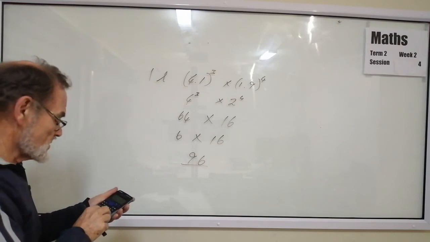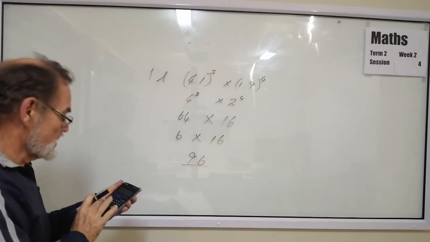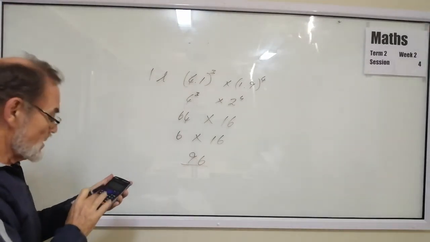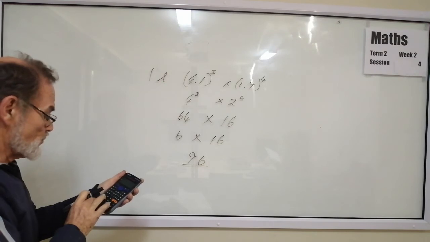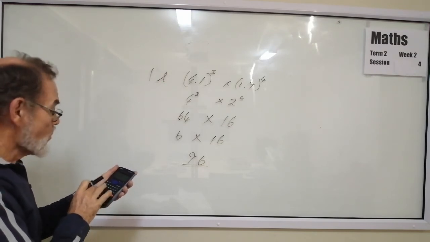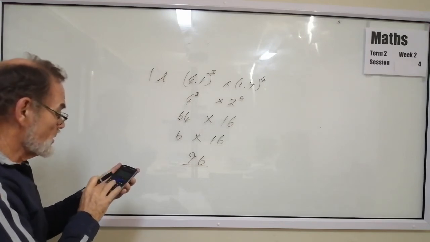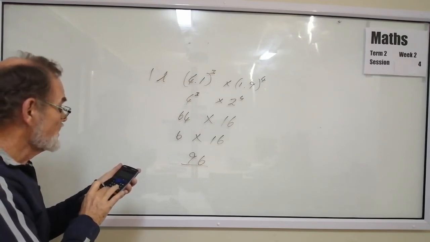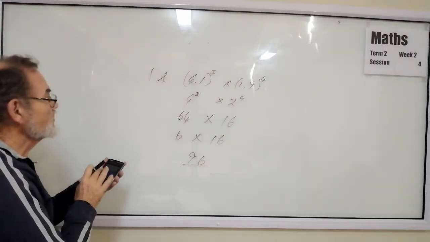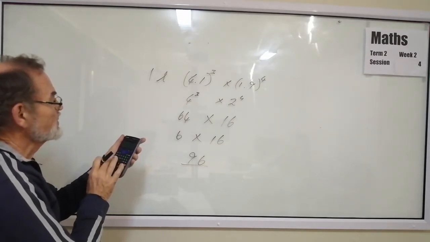Let's see what this is. It is 4.1 to the power of 3 multiplied by 1.9 to the power of 4. And let's just watch out: once you put in the power of 3, you have to get out of that power mode before you put your times in.